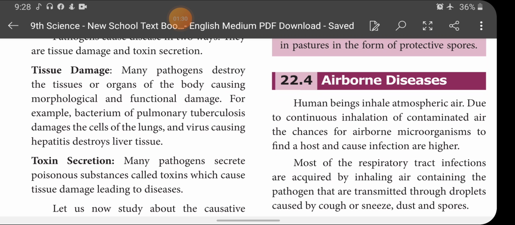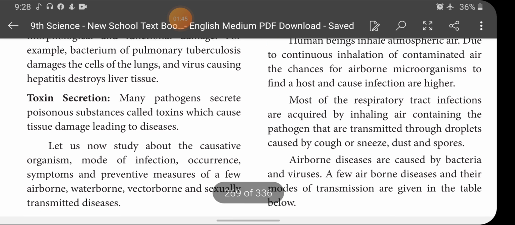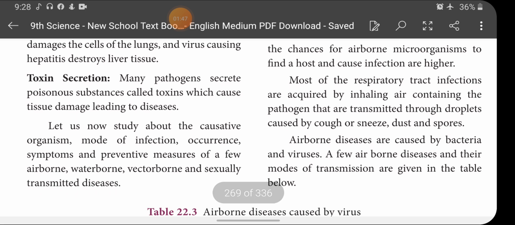When this bacterium infects a human, it causes tuberculosis. It affects the pulmonary region, that is the lung region of a human, and damages the tissues in the lungs. And the virus causing hepatitis destroys the liver tissues.